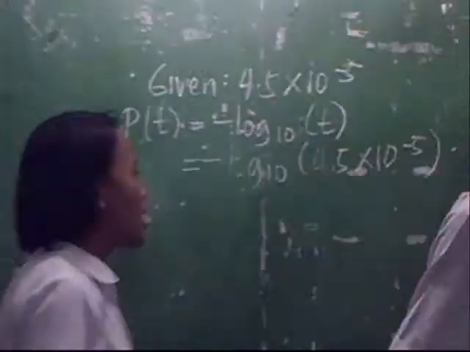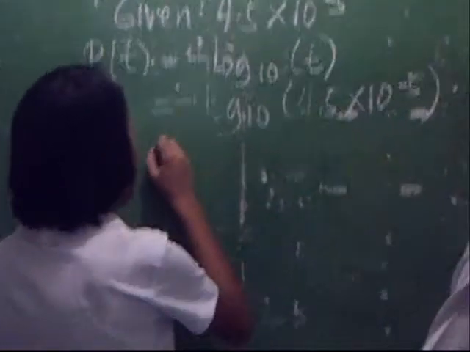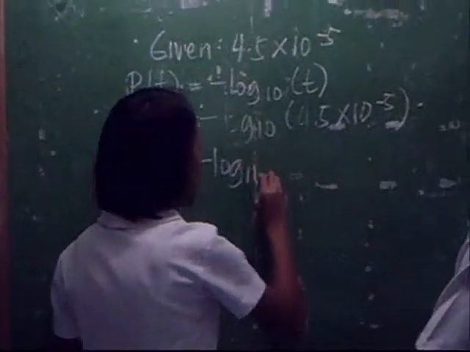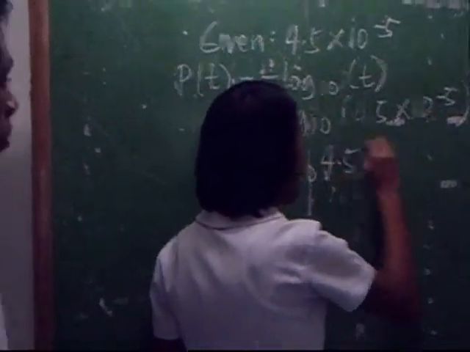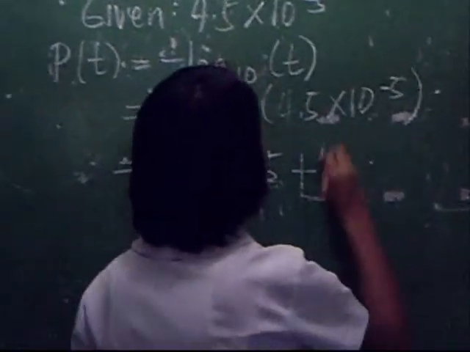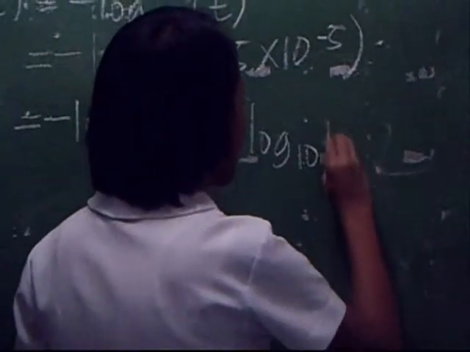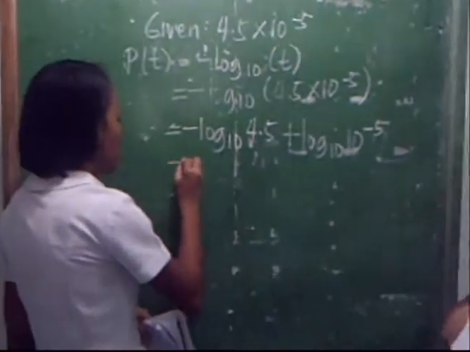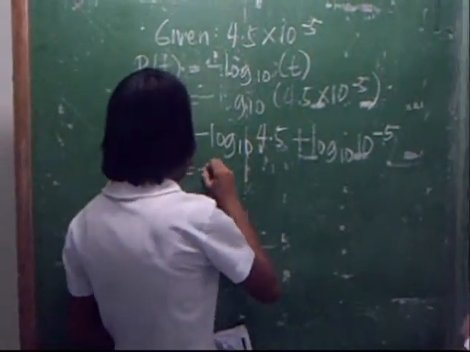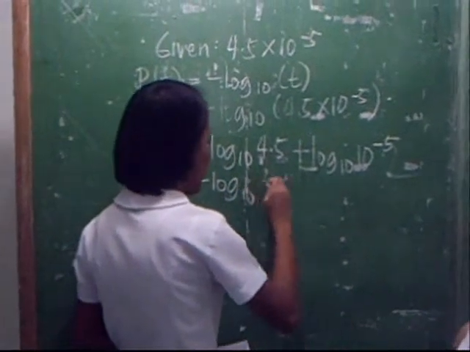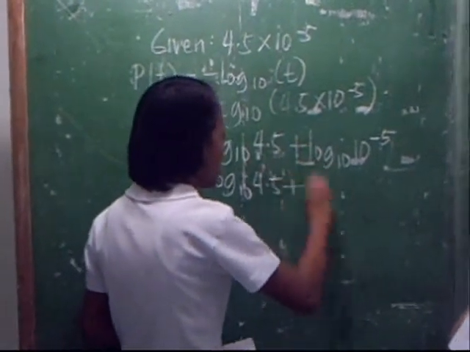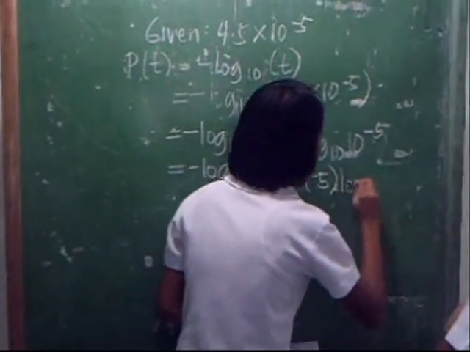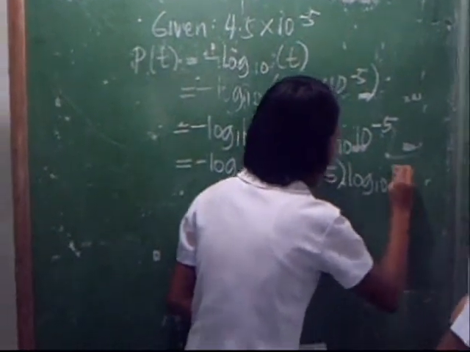So we can make this form. We must apply the distributive property. So we can make it negative log base 10 of 4.5 plus log base 10 of 10 raised to negative 5. For easy solving, we make it negative log base 10 of 4.5 and let us transpose negative 5 log base 10 of 10.